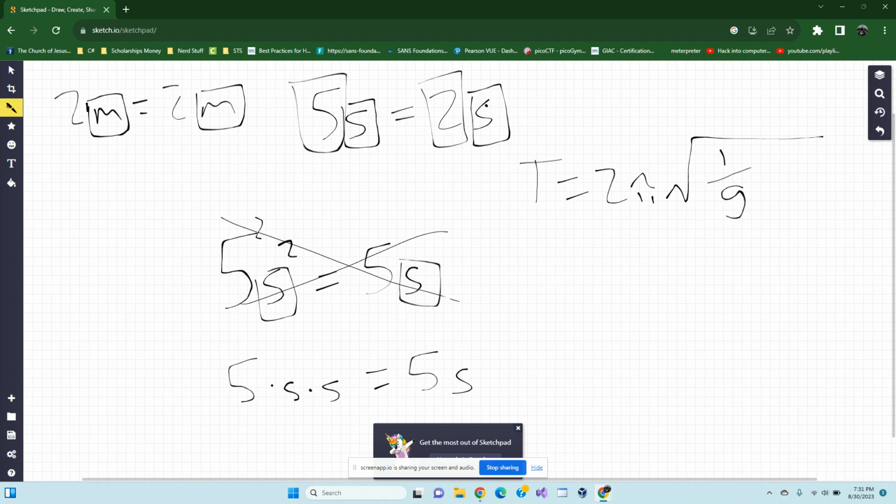So let's focus on our units. What would you measure time in? You would measure it in seconds. 2 is unitless, just a number. Pi is unitless, just a number. Now let's focus on L. L stands for length. What would we measure length in? We would measure it in meters. You could measure it in feet or inches, but here we're measuring it in meters.